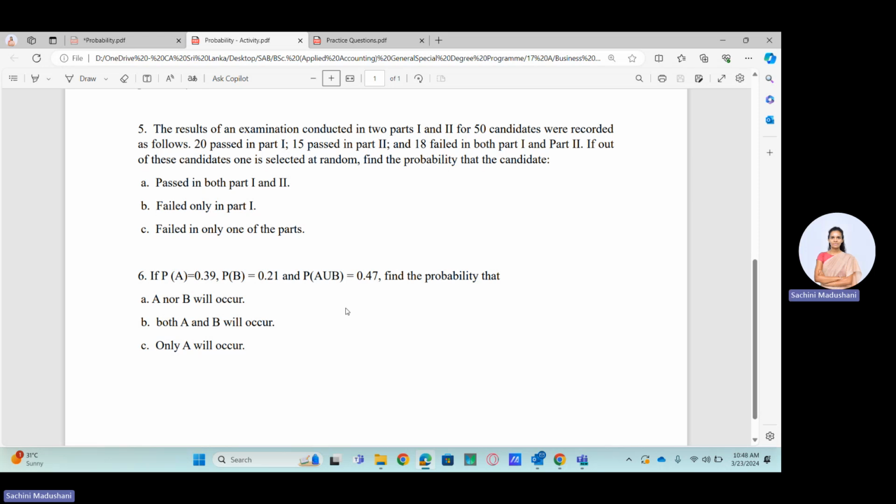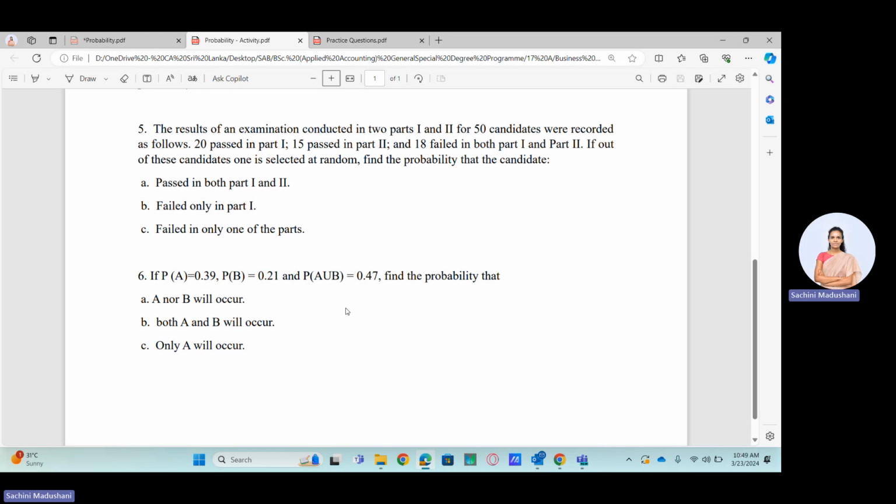The addition law of probability says P(A union B) equals P(A) plus P(B) minus P(A intersection B). The union, you know the value, is 32 over 50. P(A) is 20 over 50. P(B) is 15 over 50. Then minus the intersection.